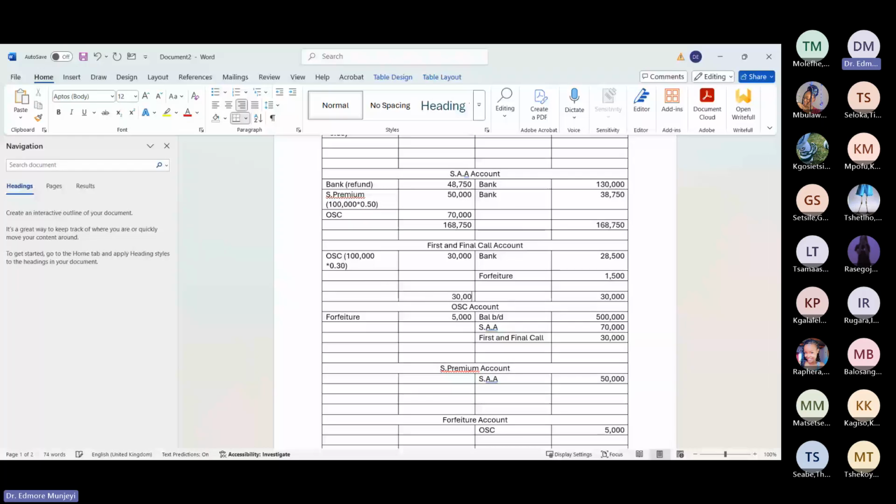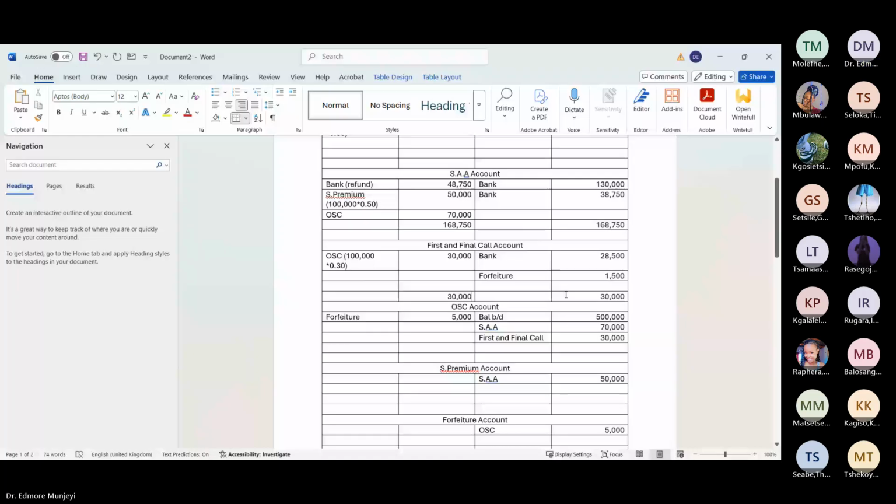So first, we have the 28,500 from the bank, and then remember we have 5,000 shares forfeited. Those 5,000 shares times 0.3 equals 1.5. That 1.5 plus our 28,500 is going to be our 30,000. So the total is 30,000 on the credit side. When we balance our first and final call, that's how we take to the debit side that 30,000 that we found on the credit side.